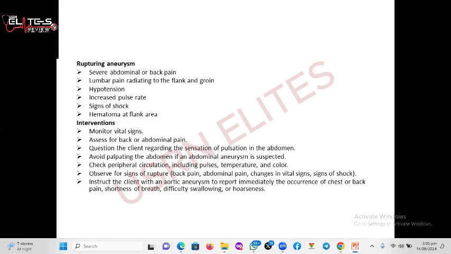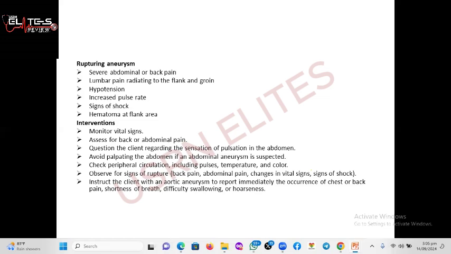Then you avoid palpating the abdomen if abdominal aneurysm is suspected. So like I was saying, when you palpate the abdomen, you put pressure on the abdominal contents, and then that could lead to the aneurysm rupturing. So we should avoid palpating the abdomen if it is suspected that someone is having abdominal aneurysm.